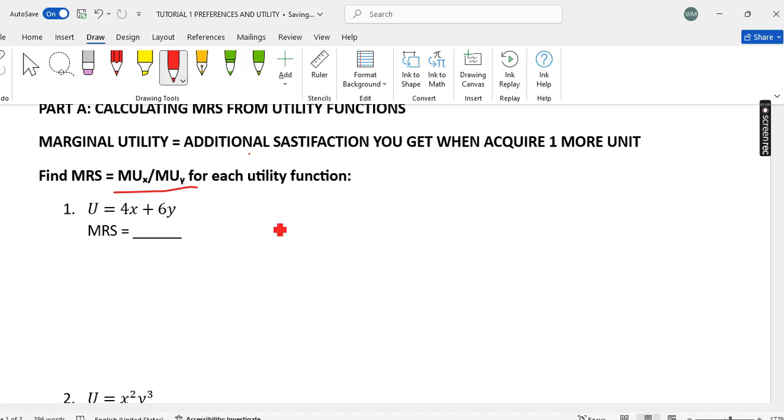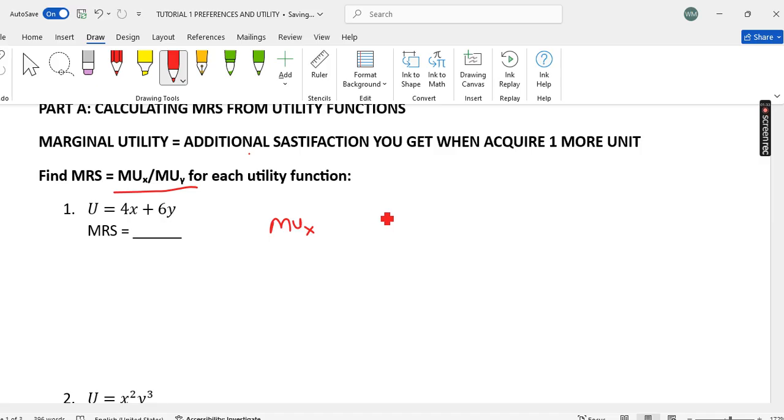The first thing is we need to get our marginal utility with x. So we have to derive this function with respect to good x. Now, one trick you should always remember for partial differentiation: if you are deriving with respect to x, any number that doesn't have an x disappears.